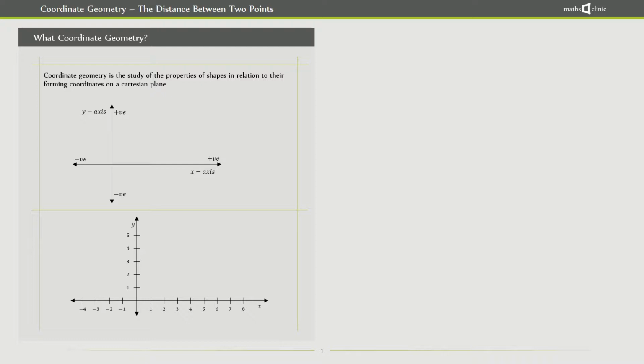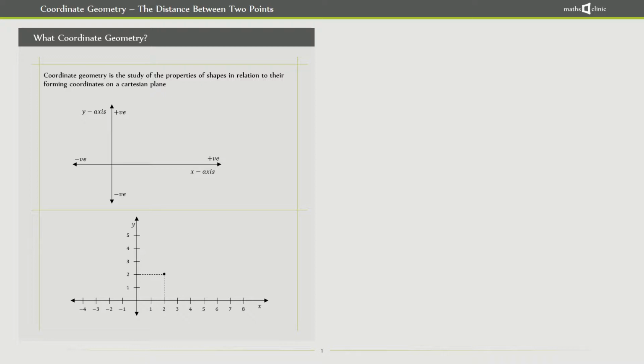I'm going to introduce a point. I have a point here, and I'm going to trace this point down to the x-axis. It's 2 on the x-axis. I'm going to trace this to the y-axis as well, and it's 2 on the y-axis.